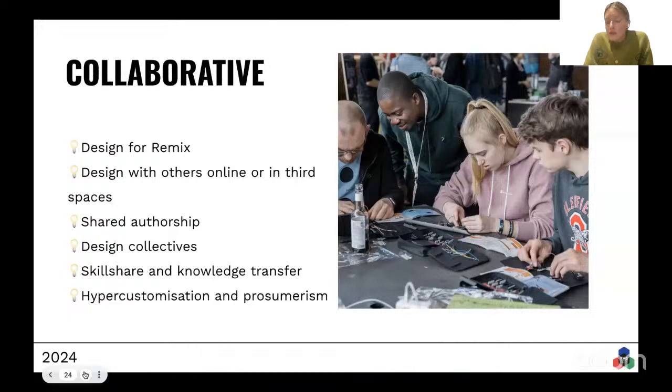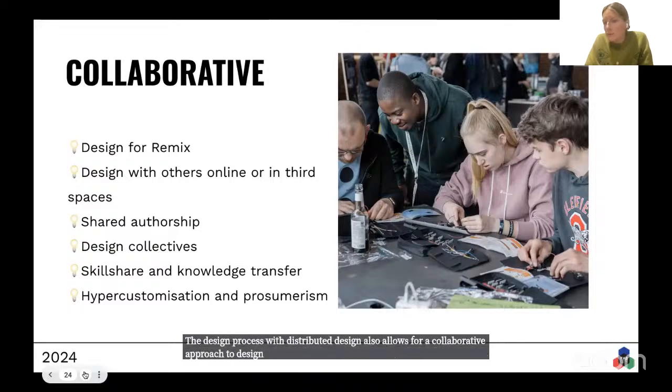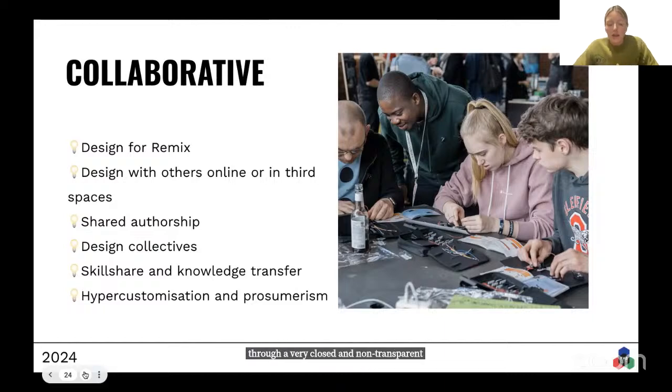The design process with distributed design also allows for a collaborative approach to design. So multiple people can be involved in a design process instead of having a closed process where a design moves through a very closed and non-transparent design chain.